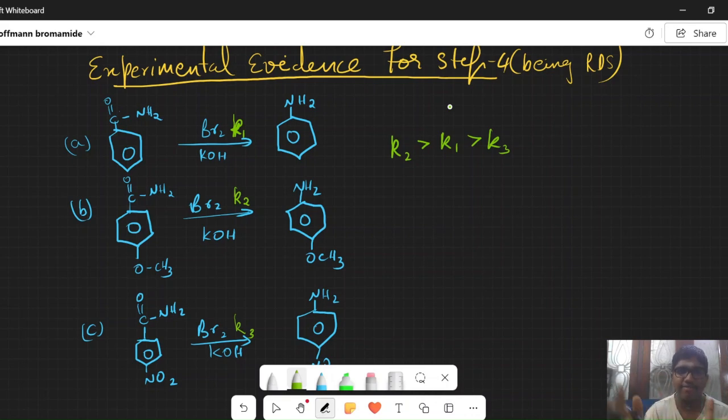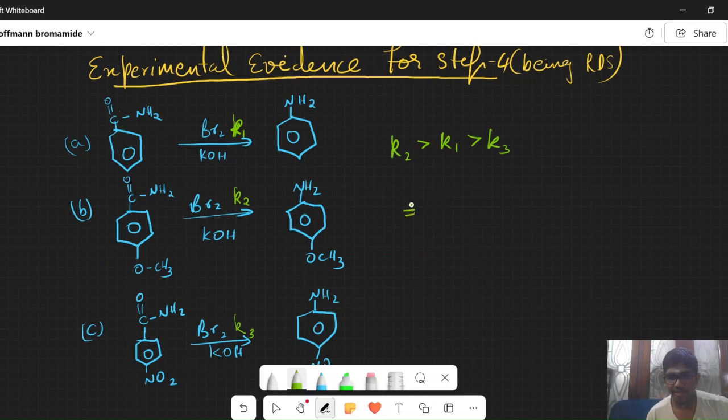Therefore it can be concluded that the fourth step should be the rate determining step. Clear? So researchers concluded that the fourth step should be the rate determining step, and the third step would then become an equilibrium step.